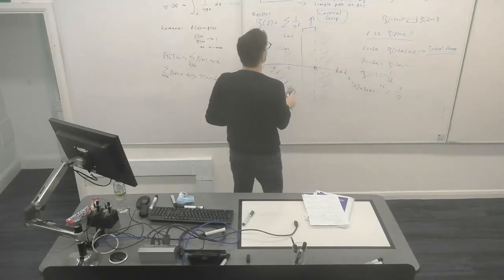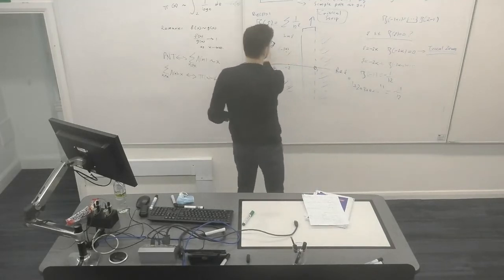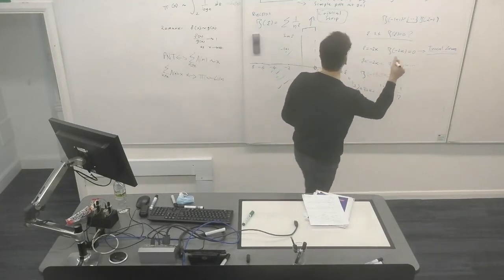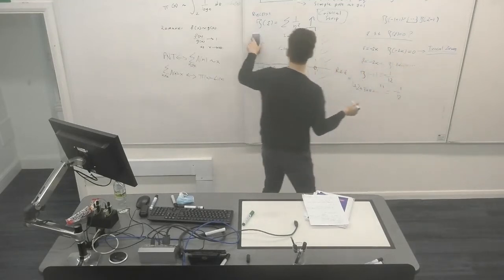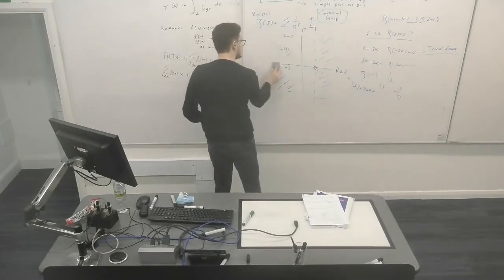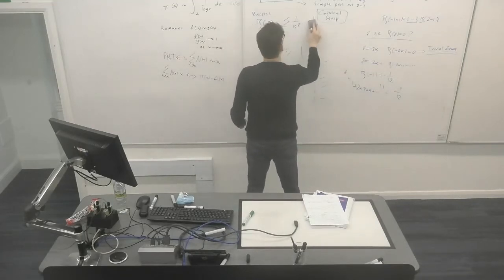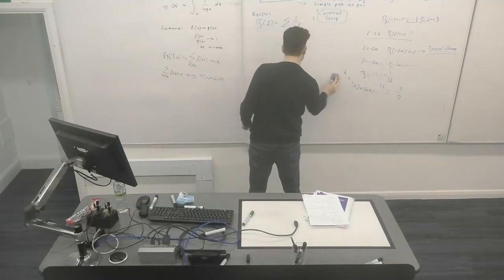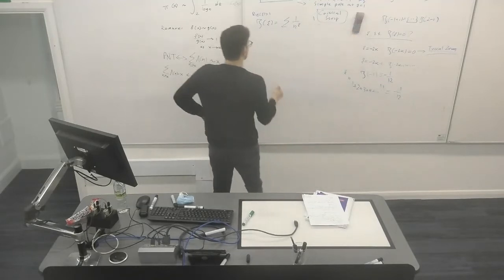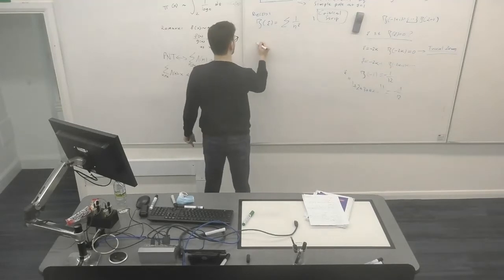Now let's remember the formula we proved before. I don't want to erase the graph, but I need to, so I will draw it again. Okay, so let's remember the formula we had.